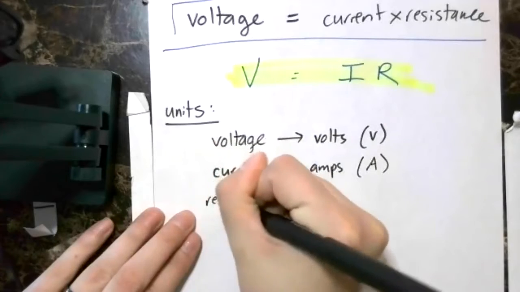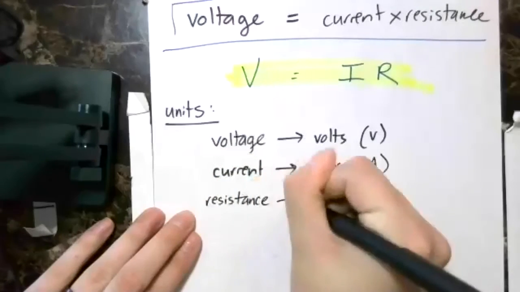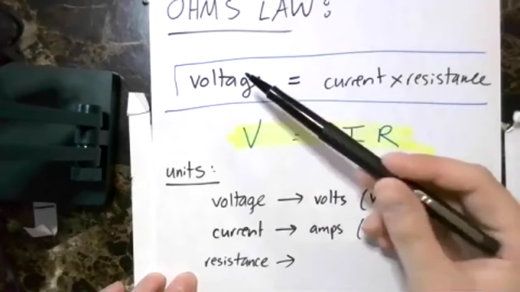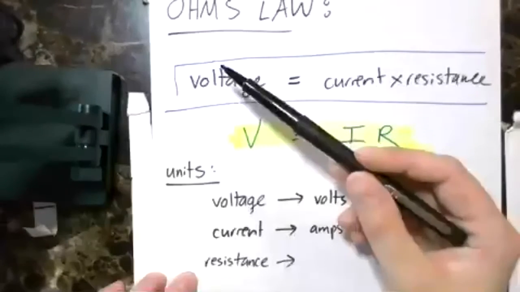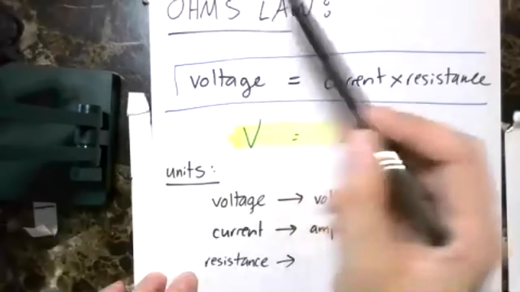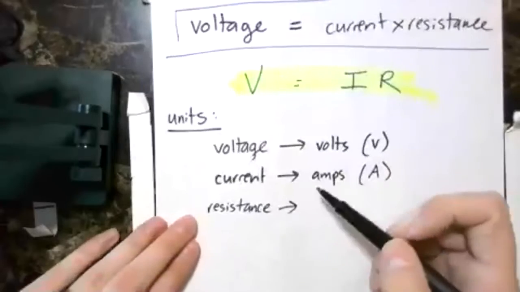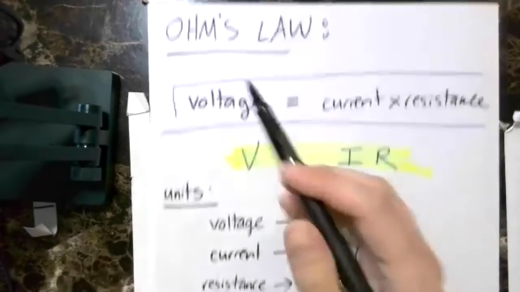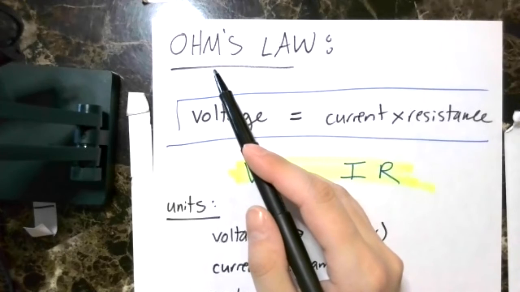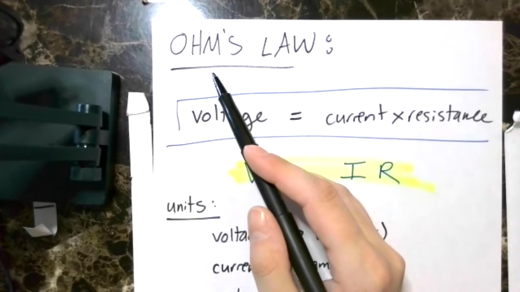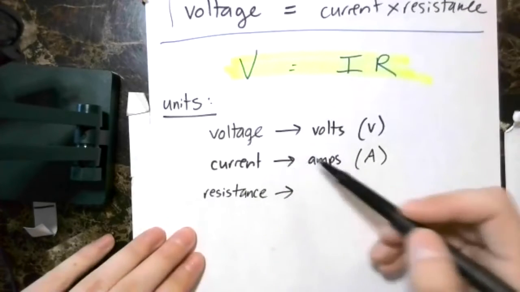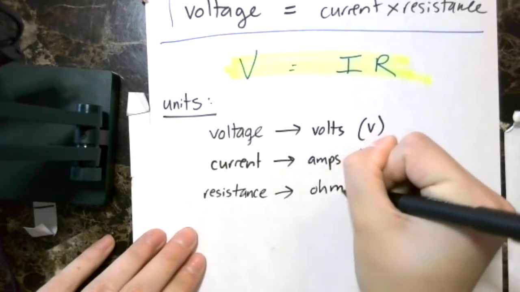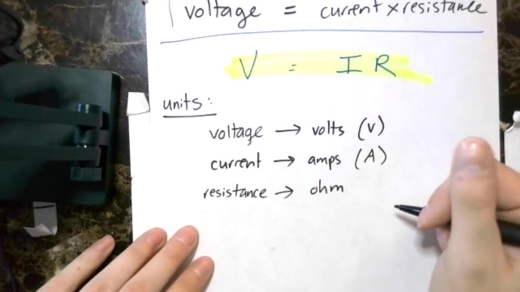So the guy that really helped pioneer this, his last name was Ohm, or I forget if it has the S in it, whatever. So when they were deciding on the units, they were like, okay, ohm sounds like omega, so let's make the unit for resistance the ohm after the person.